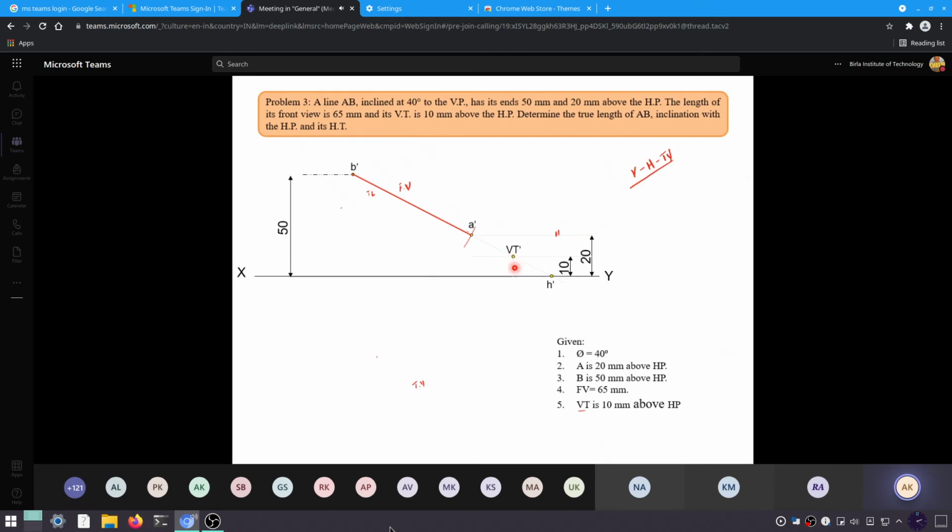We can draw a line perpendicular from capital V to obtain small v, and we know that small v passes through the top view, right?